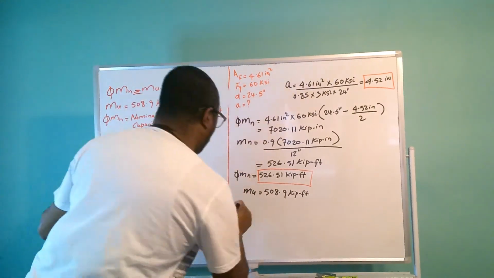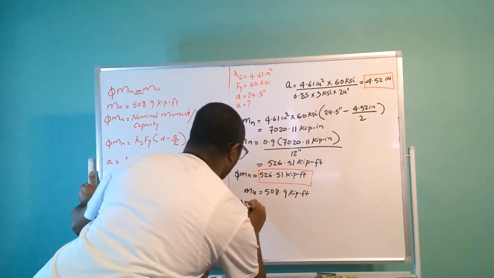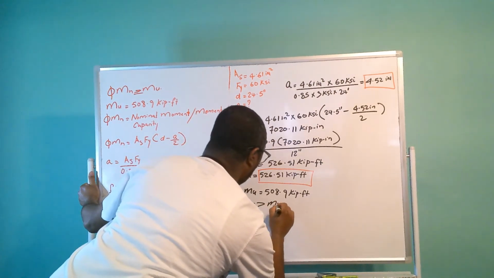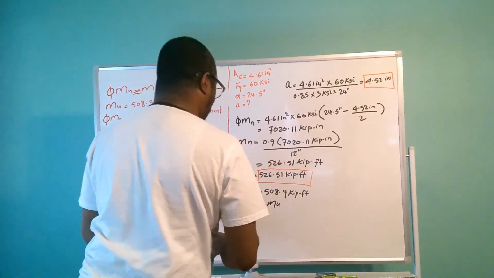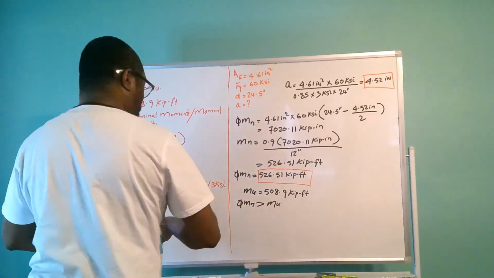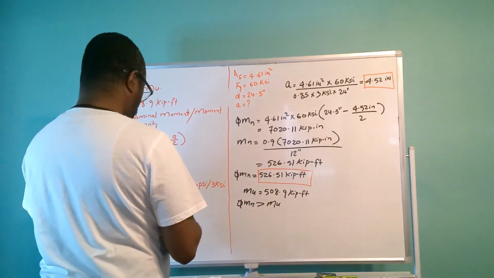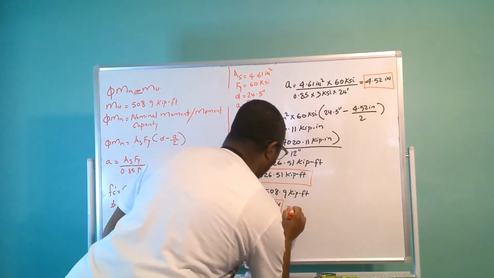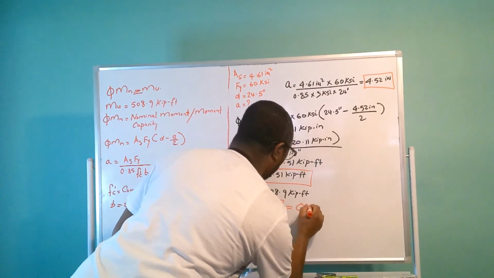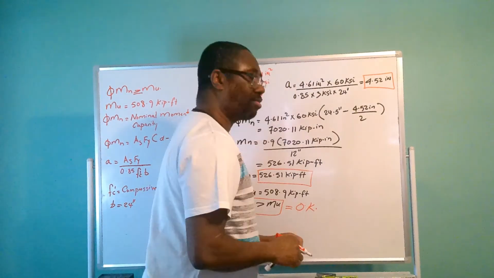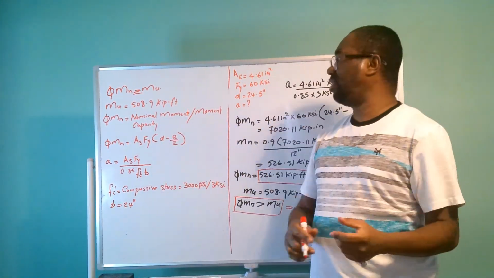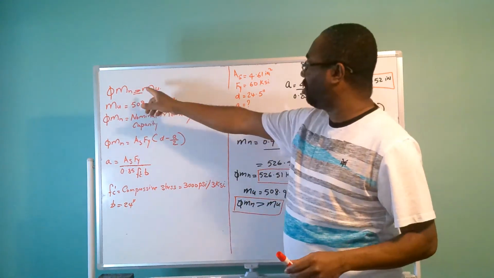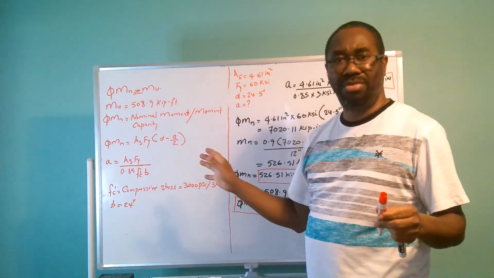So our phi Mn indeed is greater than our Mu, therefore our beam is okay, because it has satisfied the condition of phi Mn being greater than Mu.